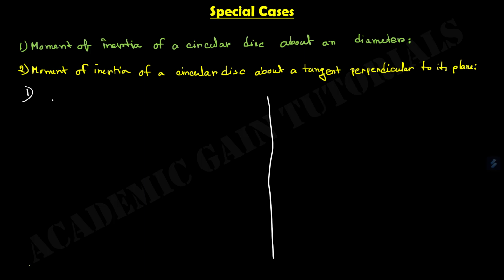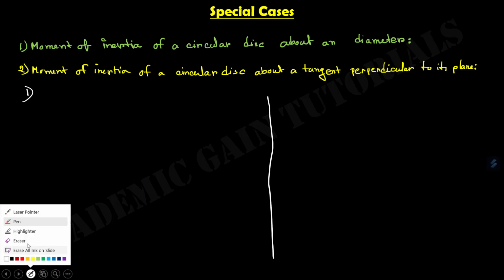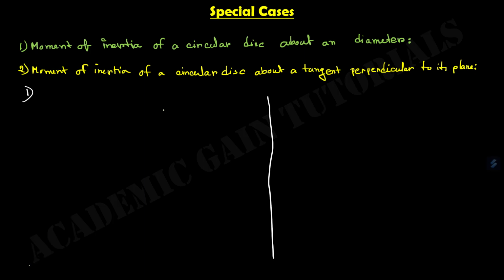It says that we have to find the moment of inertia of a circular disc about a diameter. What does that mean? Suppose this is a circular disc, and the axis is the diameter.